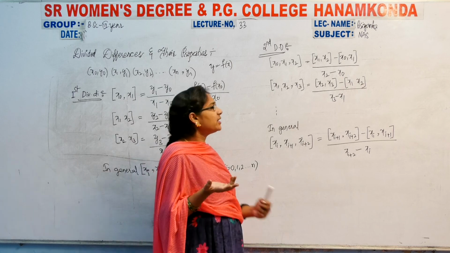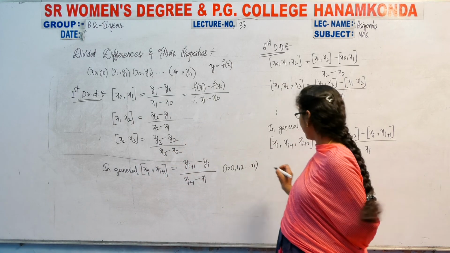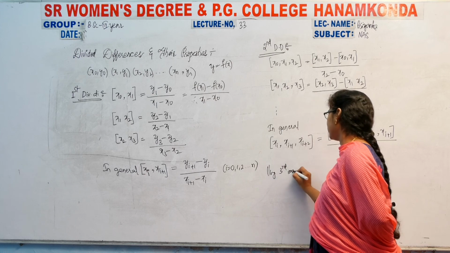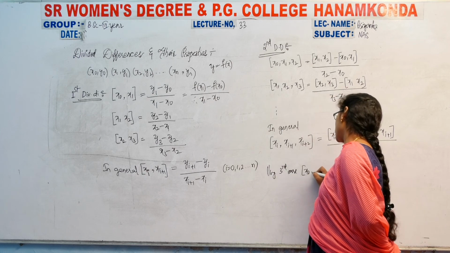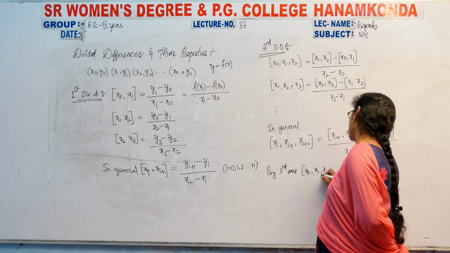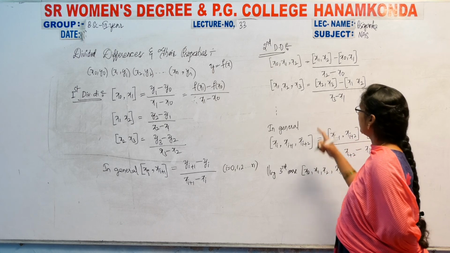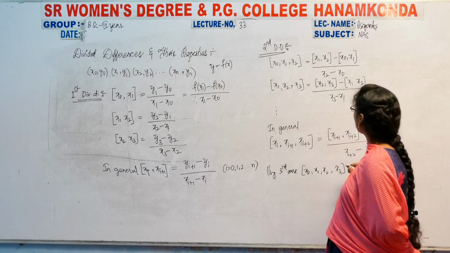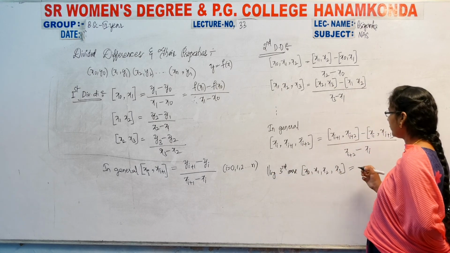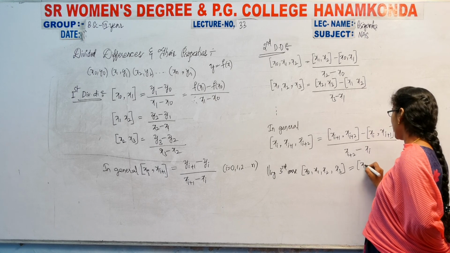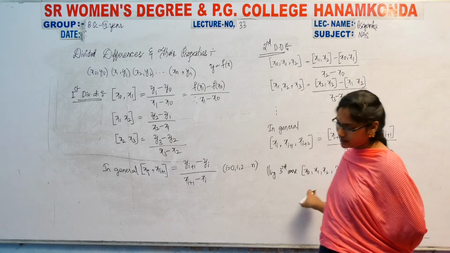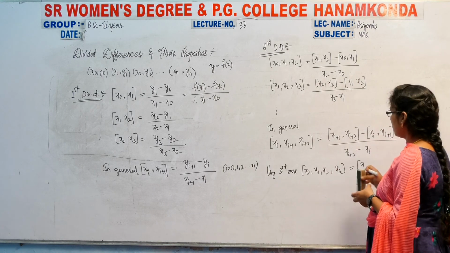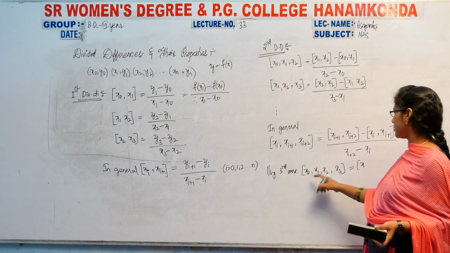The next, third divided differences, similarly, are x0, x1, x2, x3. Next, fourth divided differences, and so on. So here, when you have like this, you have to leave the first value.